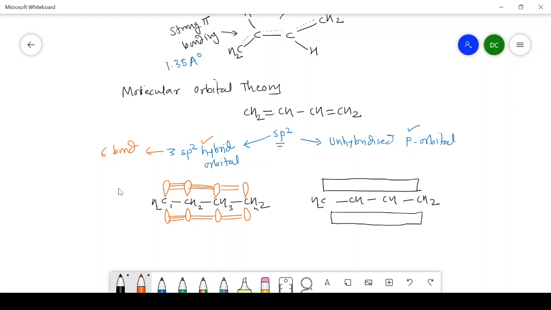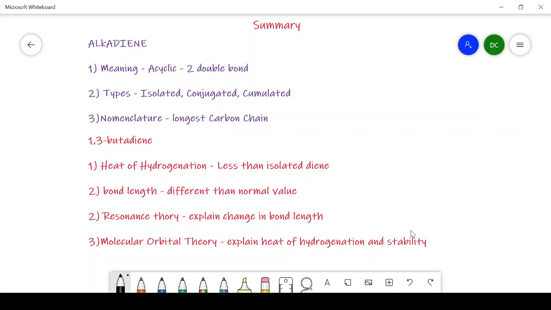Now in this lecture, what we have learned, we are going to summarize in a few minutes. In this lecture, we have learned the meaning of alkadiene, that is a hydrocarbon having two double bonds. Depending upon the position of the double bond, they are classified into three types: isolated, conjugated, and cumulated.